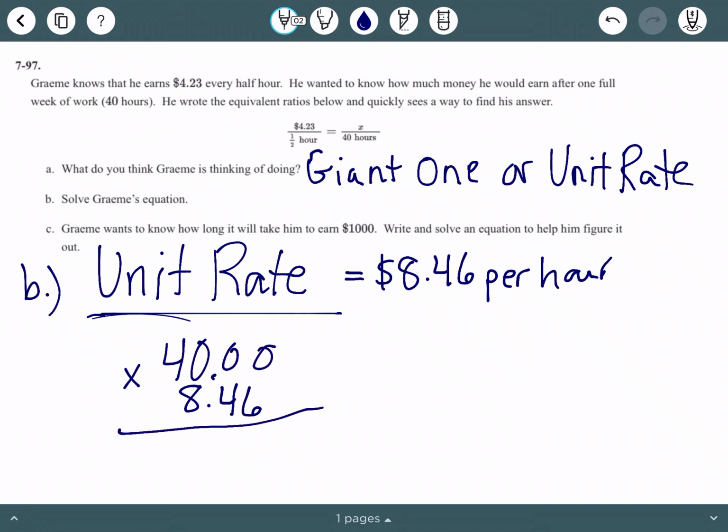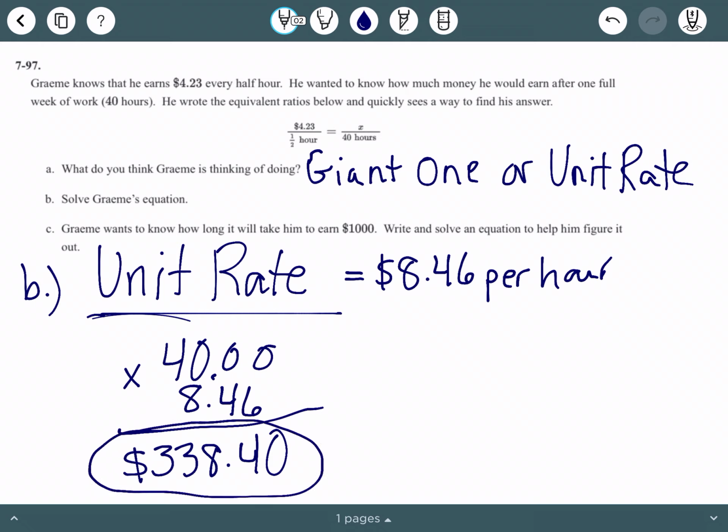And when you do that, you should end up with $338.40. So that is a way that we could solve this equation using unit rates.